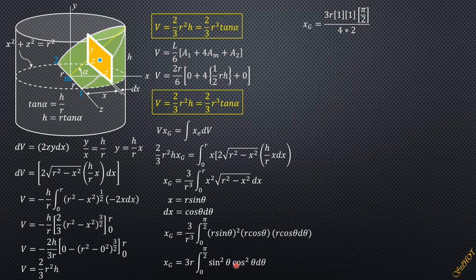Now, if you're allowed to use the high-tech calculator allowed by the Professional Regulation Commission, it can evaluate definite integrals. So you can also evaluate this by your calculator, and it should be pi over 16.